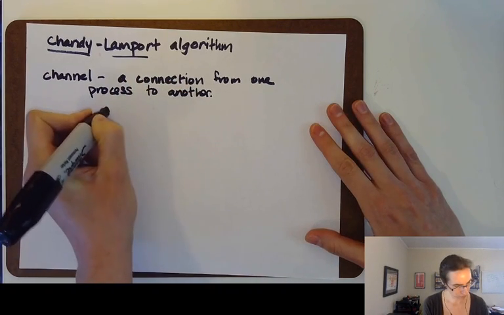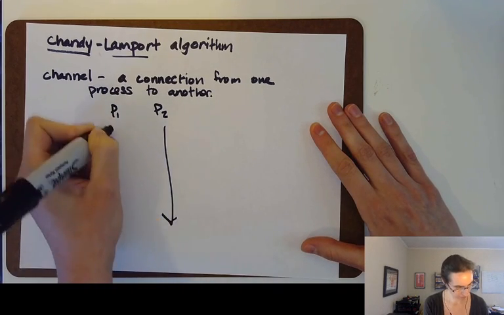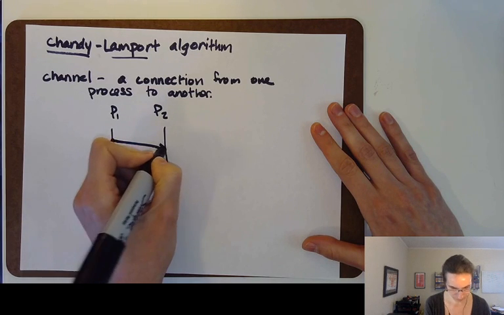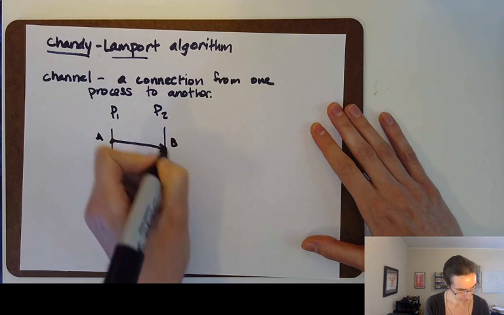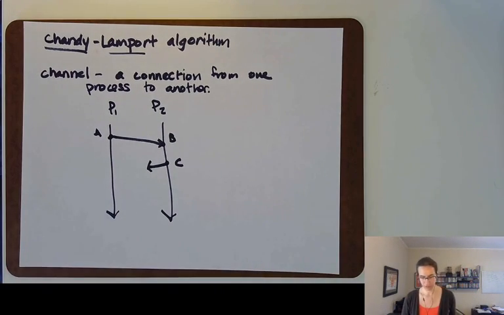So let's say we have processes P1 and P2 that are sending and receiving messages. There are actually two channels here.